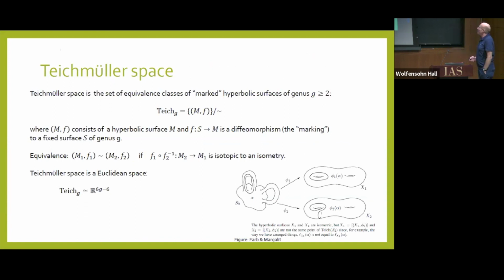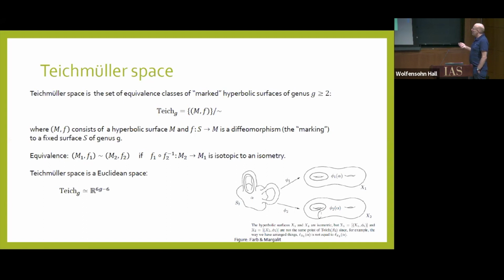Okay, so I had time to discuss Teichmüller space in general. So instead of the upper half plane, I'll explain what this Euclidean space is. You fix a surface and you look at all hyperbolic structures on it. That means you look at a diffeomorphism from your fixed surface to a hyperbolic surface.